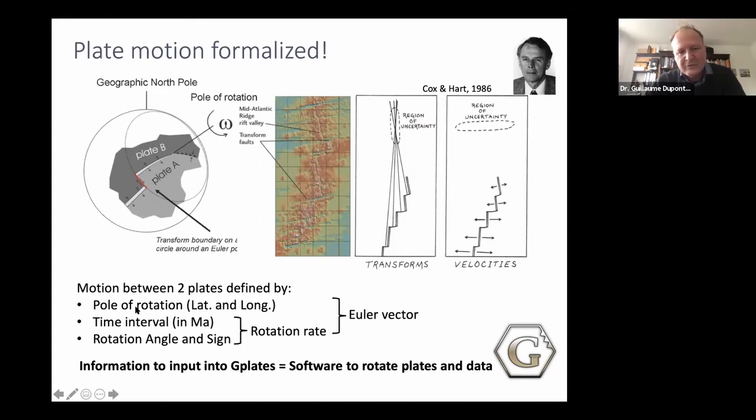And so this pole of rotation is going to be latitude and longitude. So we have a position for the pole. And then it's a time interval in million years. So between, let's say, 40 and 42 million years, plate A moved so many degrees out of plate B, with respect to a pole of rotation.